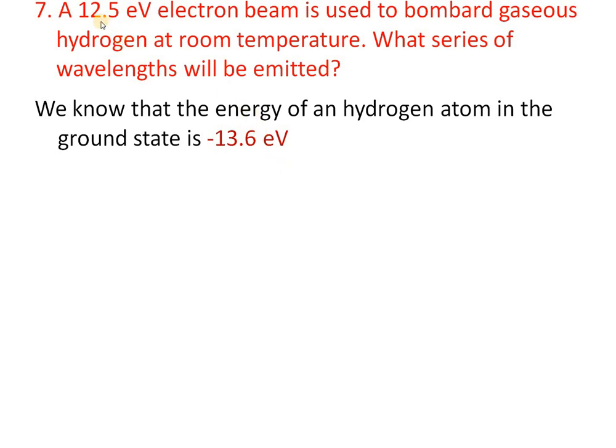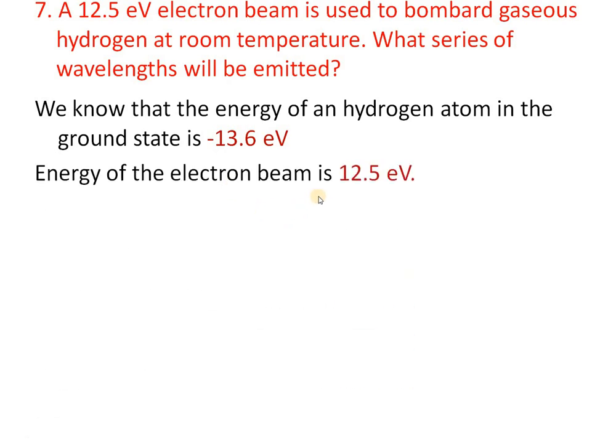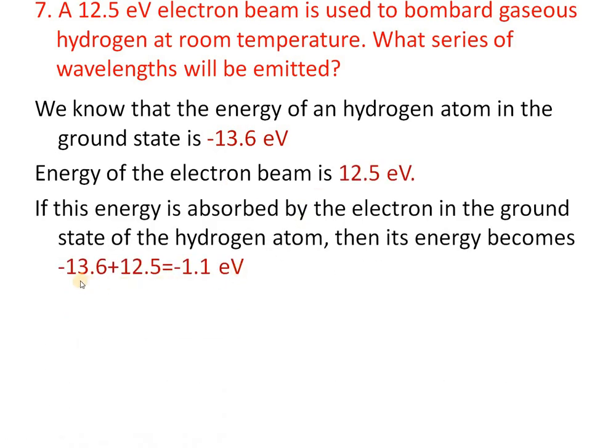Now, energy equal to 12.5 electron volt is given to the electron. If the electron absorbs this energy, it should go to an excited state. When it goes to the excited state, the energy will become minus 13.6 plus 12.5 electron volt.